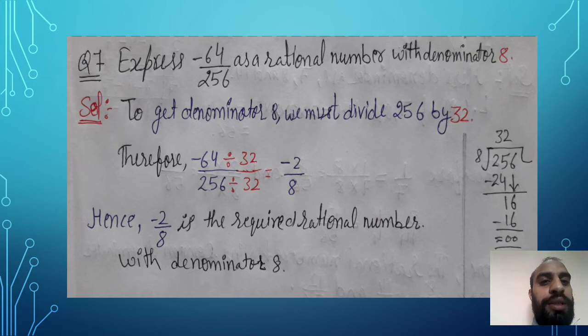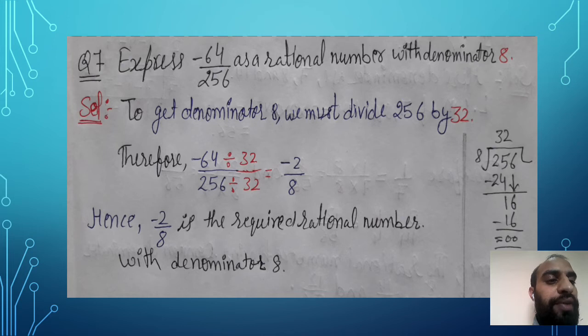It is question number 7. Express minus 64 upon 256 as a rational number with denominator 8. You can see, my dear student, here we need denominator 8 and in the question we have denominator 256. Your first task is to divide 256 by 8.